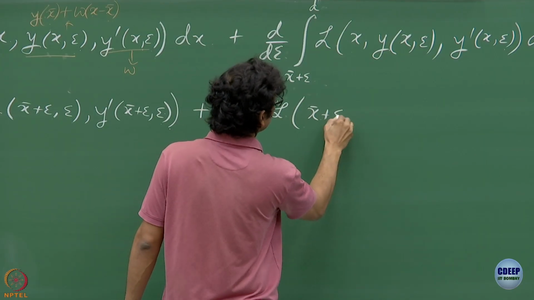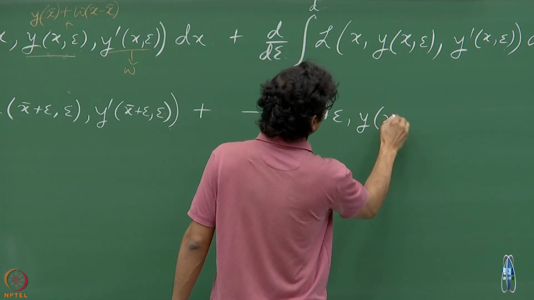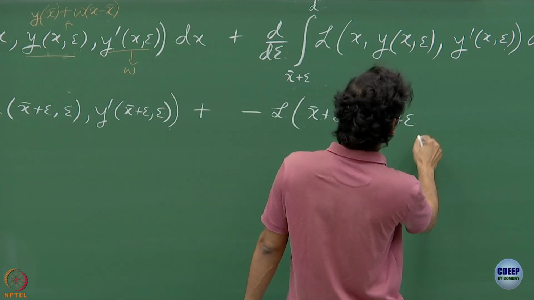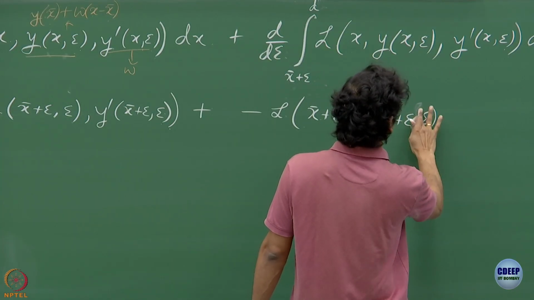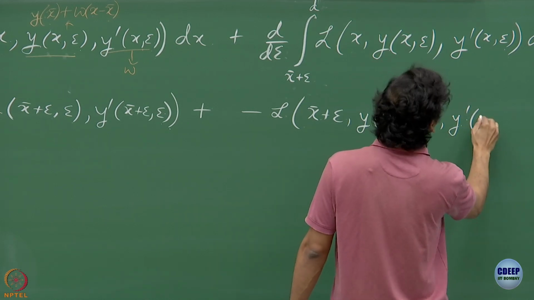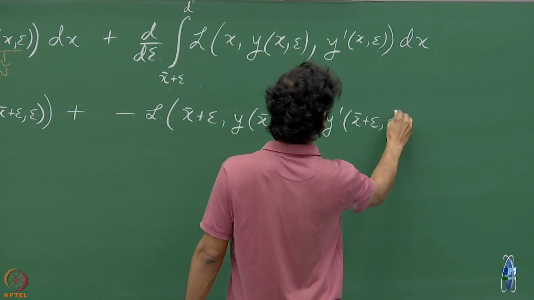X bar plus epsilon, y of x bar plus epsilon, sorry, comma epsilon, and y prime of x bar plus epsilon comma epsilon.